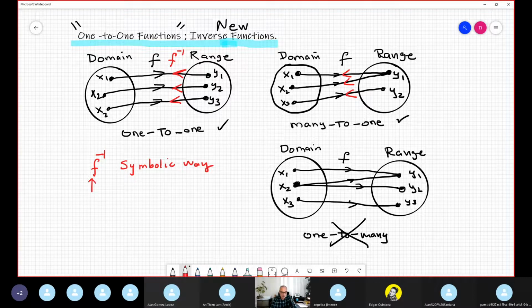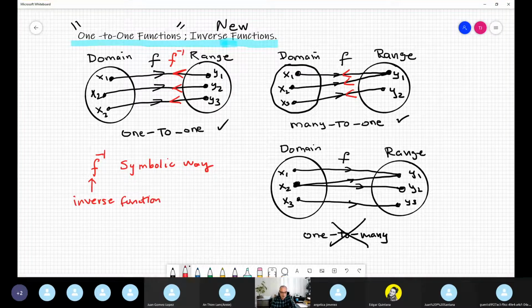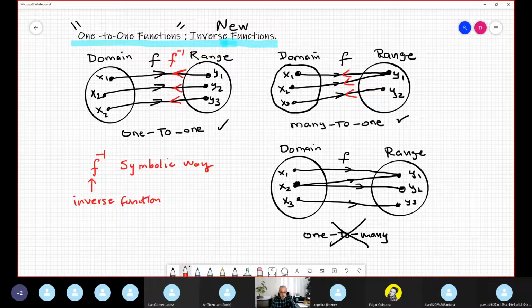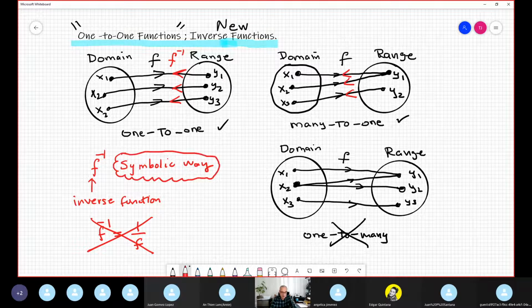This is the inverse function. This thing looks like a negative 1 exponent, but actually it is not a negative 1 exponent. No. So this is not the reciprocal. This is a symbolic way to indicate the inverse function. This is the most important concept.